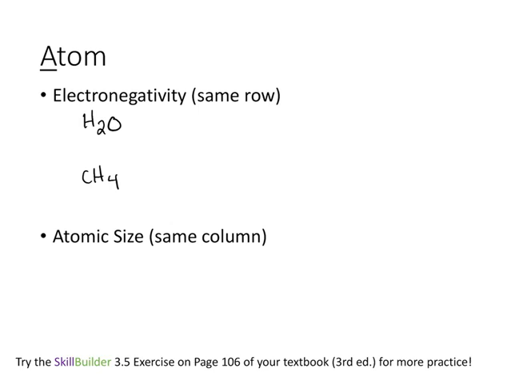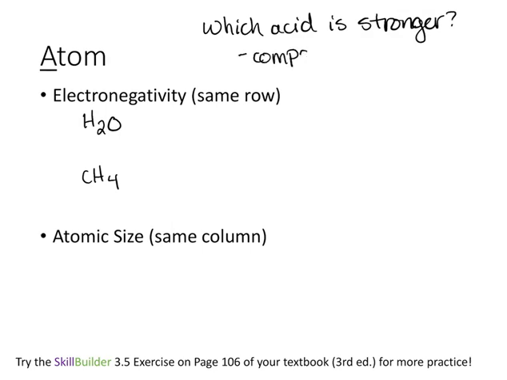So again, we're going to ask which acid is stronger, and we're going to compare conjugate bases. So we need to show the reaction that each of these molecules would have with a base. All right, so I encourage you to try to determine the products on your own for each of these acids.